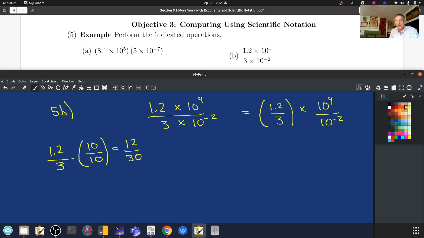So you can already see that this is going to result in a number which is less than 1. Why? The numerator is less than the denominator. But it's probably easier for you to divide 12 by 30. Well, it won't go, so I add a 0.